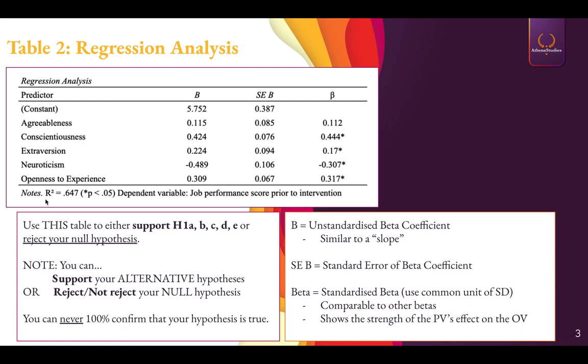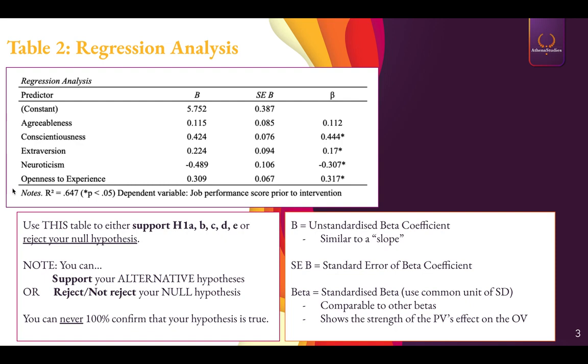And then last thing to note is your R squared. Your R squared is talking about how much of the variability in your outcome variable you can account for given your model, which is your predictor variables. In this case, our R squared is 0.647, which means that 64.7% of the variability in job performance can be accounted for by our model of these 5 predictor variables.